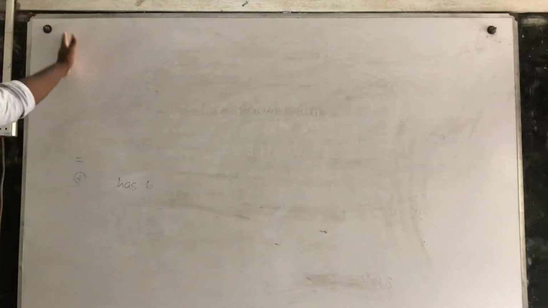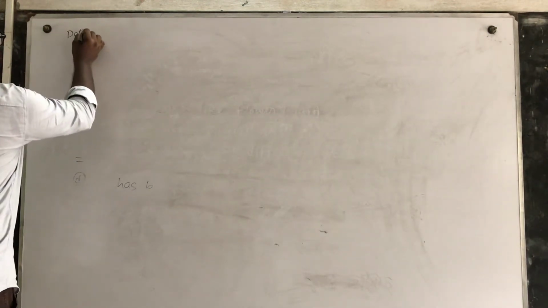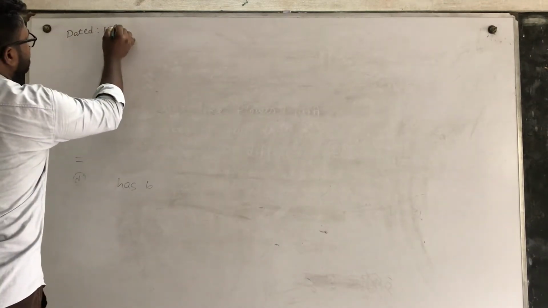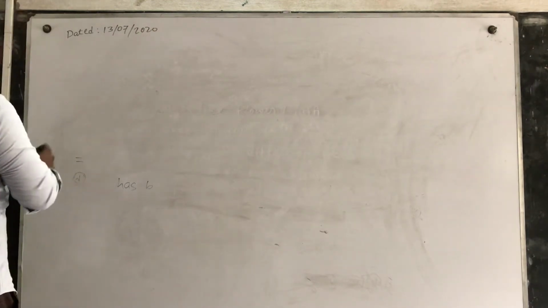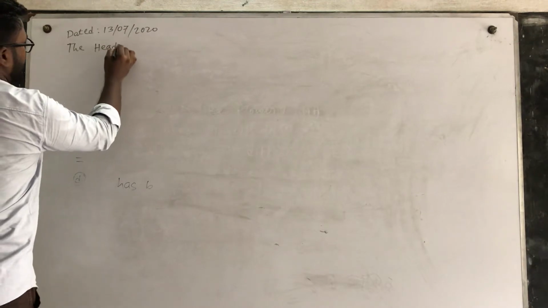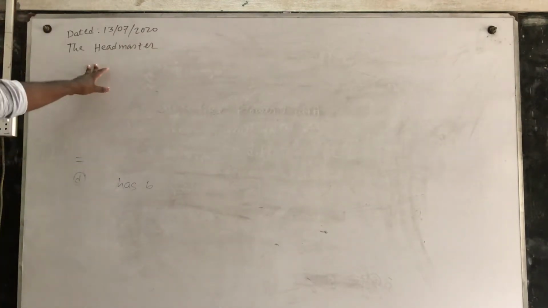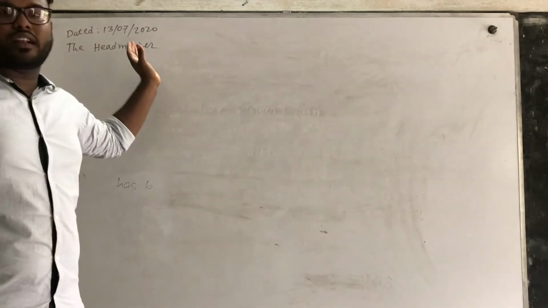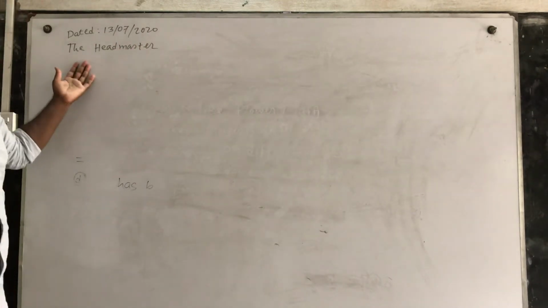In an application, at the beginning, we have to write the date. Today is 13 July 2020. Then the headmaster. Normally in any school we write applications to the headmaster.